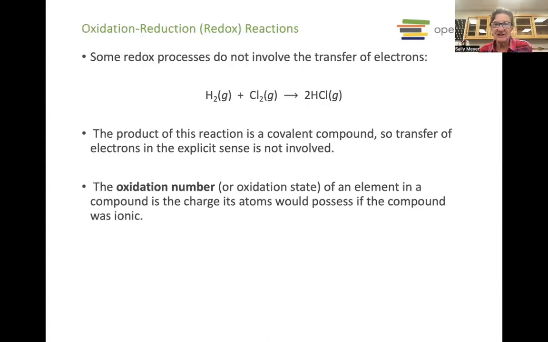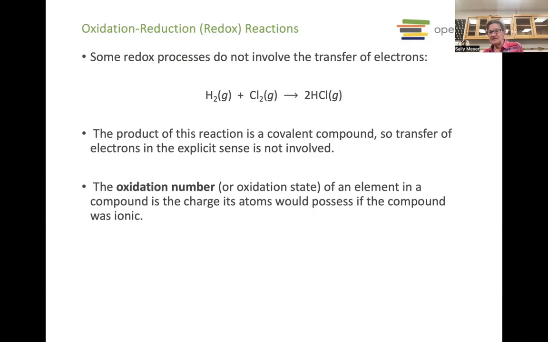Some redox reactions do not involve the transfer of electrons. When we look at this, the product of this reaction is a covalent compound, so transfer of electrons in the explicit sense is not involved, but the oxidation numbers change. There are a set of rules that tell us that if you have elements by themselves, such as H2 and Cl2, those will have an oxidation number of 0.